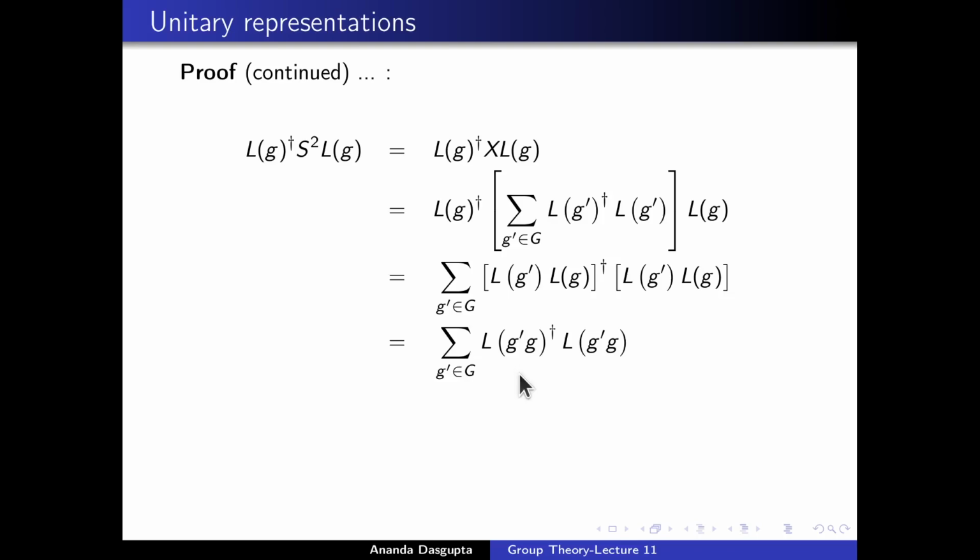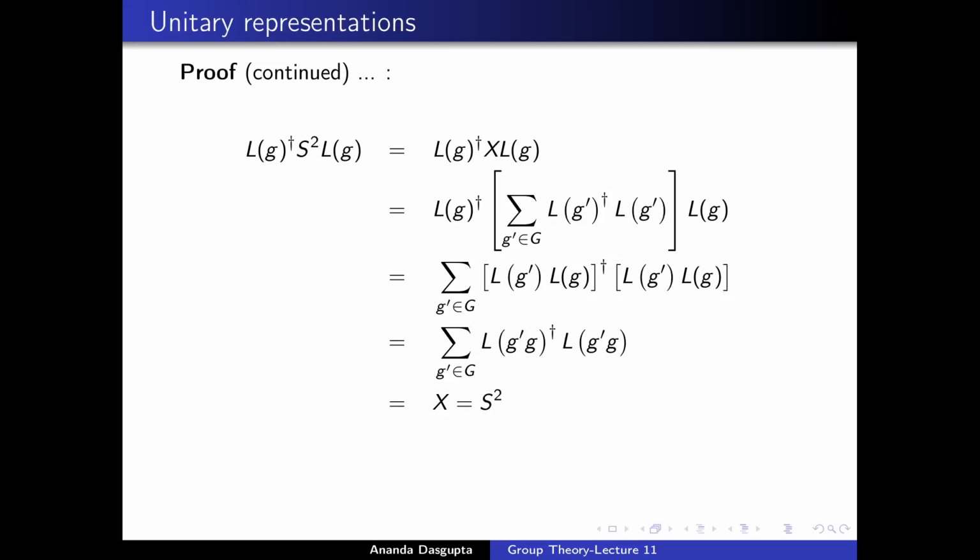And what that implies is that the terms in this sum are exactly the same as the terms that were there in this sum, except that they have been rearranged in some other order. But because this is a finite sum, the rearrangement does not change anything, and so this thing really is the same as X. Of course, X is S squared, so this is the same as S squared.